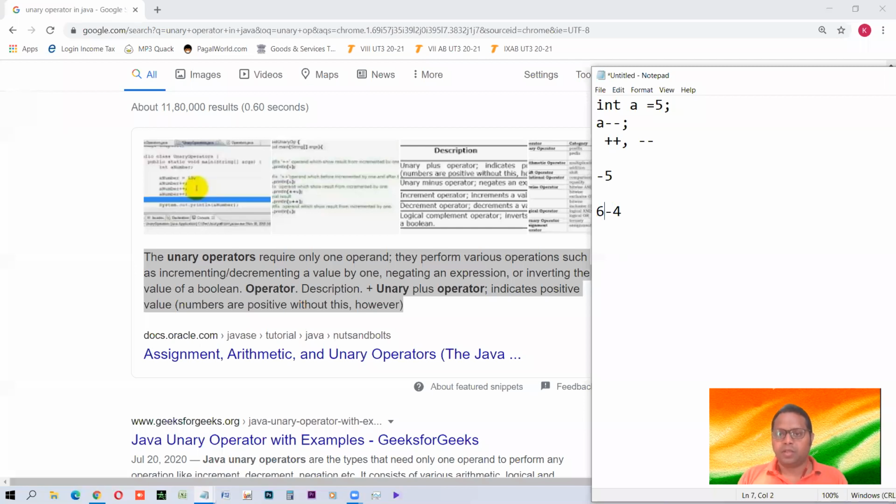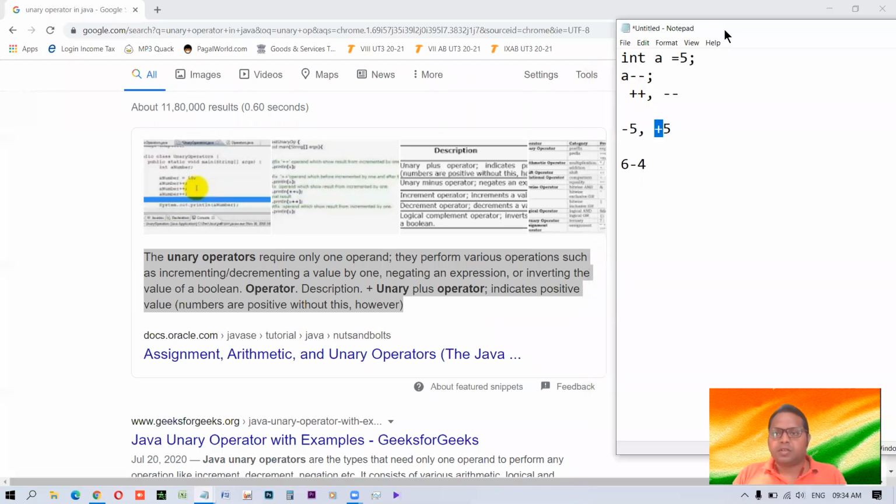It's a binary operator where it is subtracting 4 from 6. In this case, it is unary operator. The same way, if you want to represent anything in a positive way, then we can write like this also. Here also, this plus sign is acting as unary operator. So this is called unary and binary.